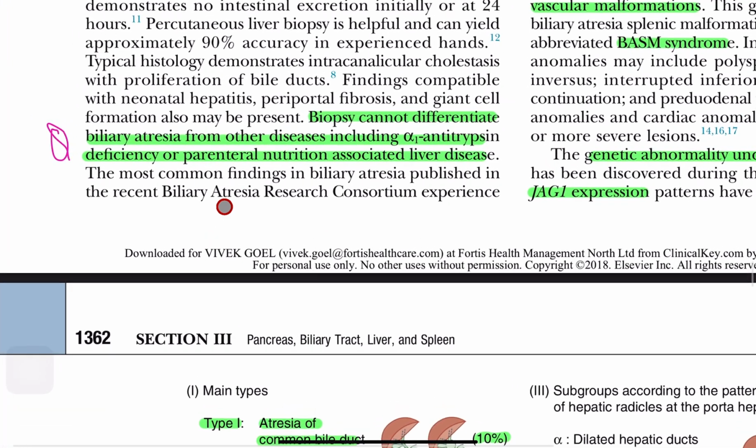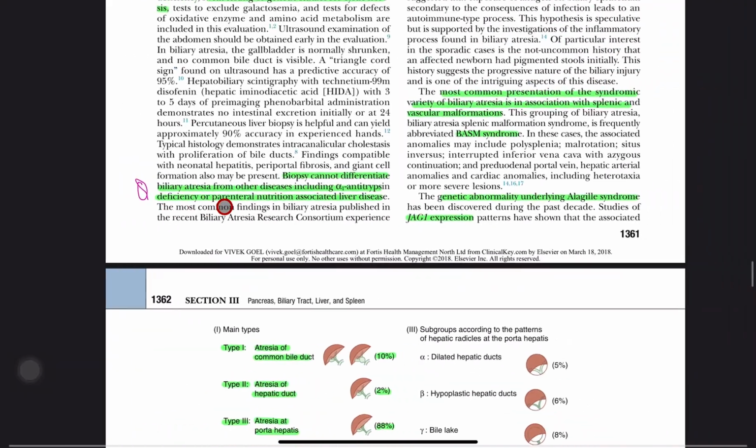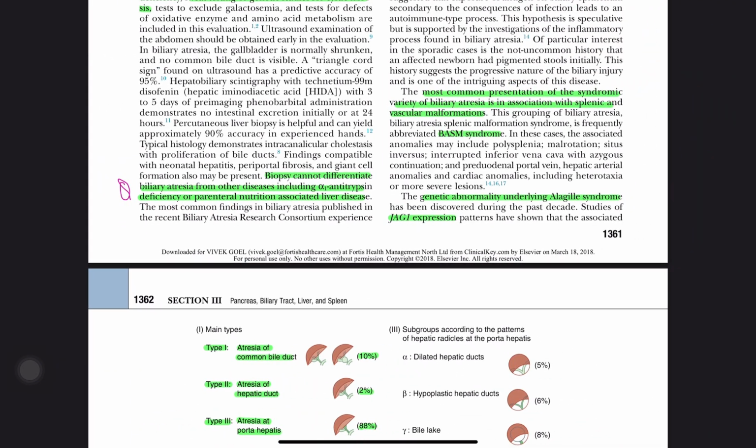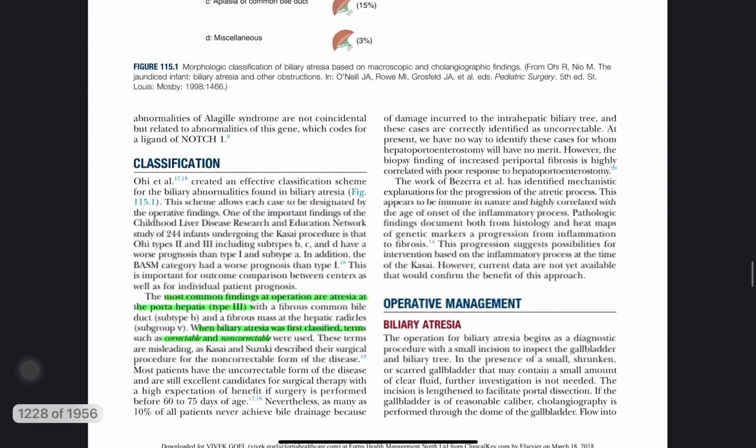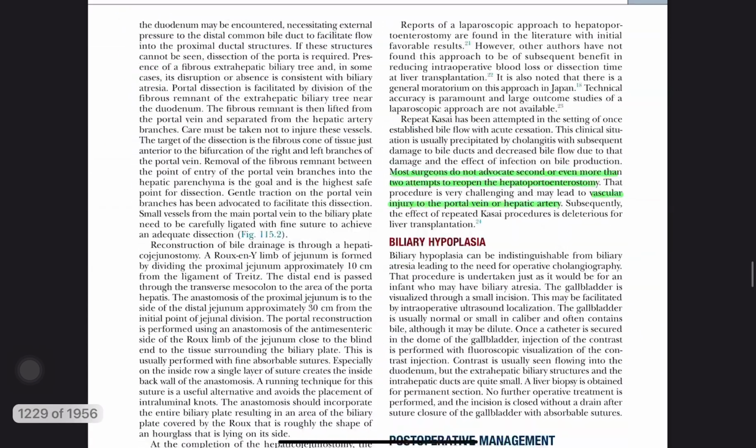Liver biopsy cannot differentiate biliary atresia from other diseases including alpha 1 antitrypsin deficiency or parenteral nutrition associated liver disease. Biliary atresia and splenic malformation syndrome, BASM syndrome, and Alagille syndrome are associated with JAG1 expression.